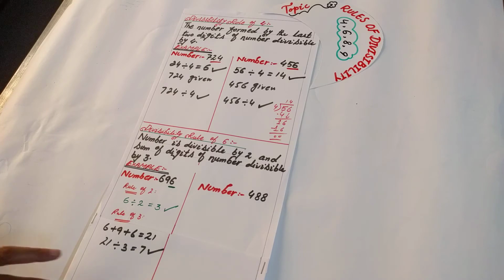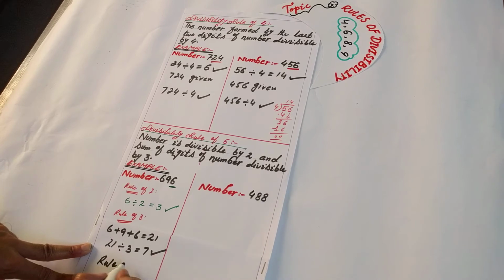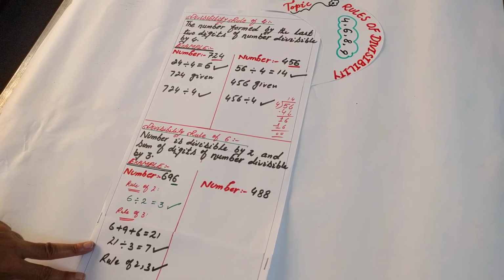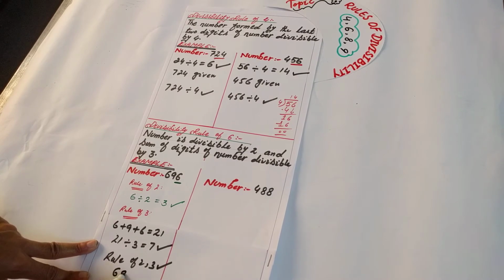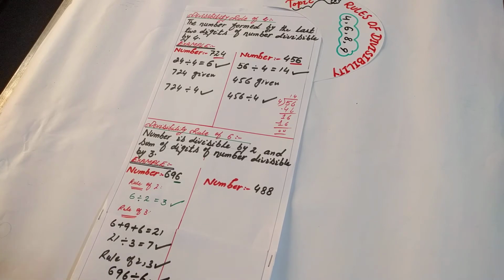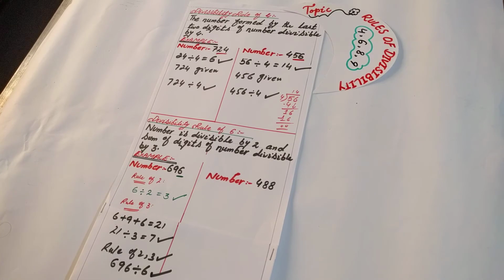It means both conditions, the rules of 2 and 3, are applicable. It means the given number 696 is divisible by 6. Got it? This number is divisible by 6. The second example is 488.